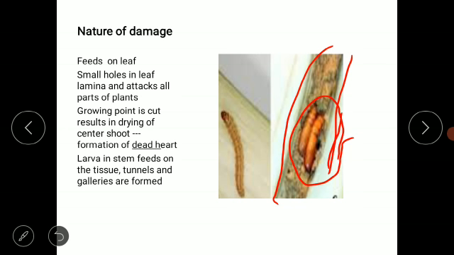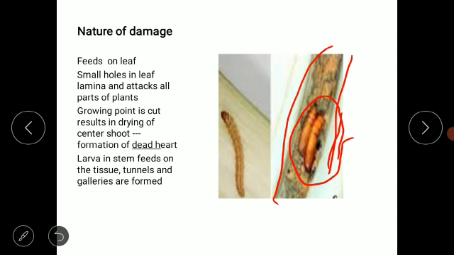As both xylem and phloem get disturbed, it directly affects the growth of the plant, and due to the formation of dead heart, that particular tunnel, the growth of the plant is affected. So the larva, after entering into the stem, feeds on the tissues and forms galleries, or tunnels, and we call it the formation of dead heart.